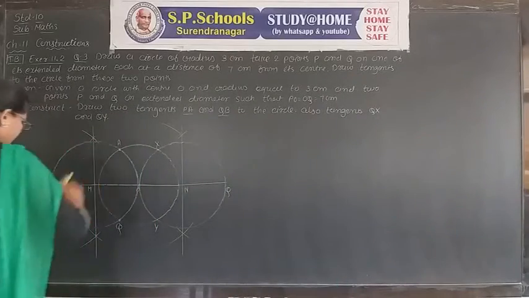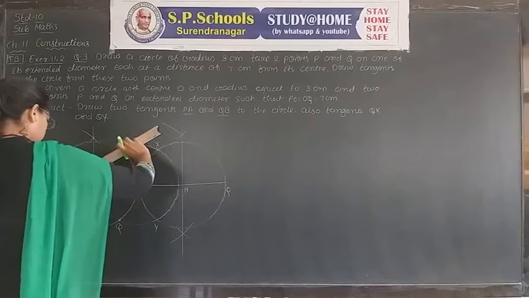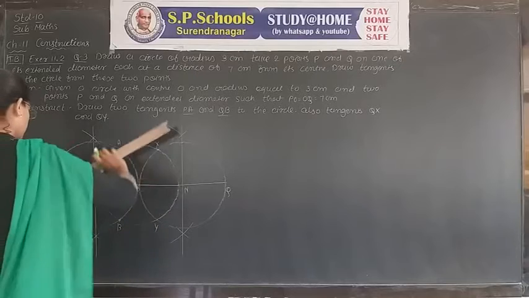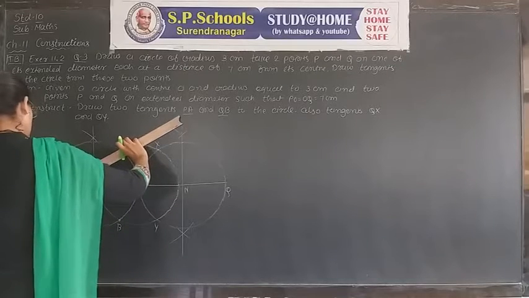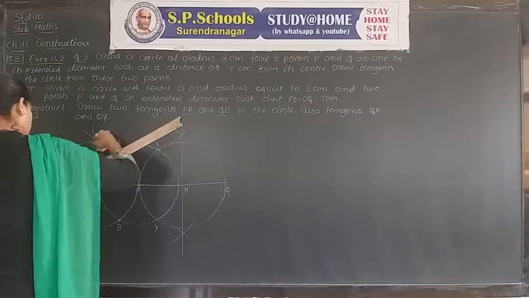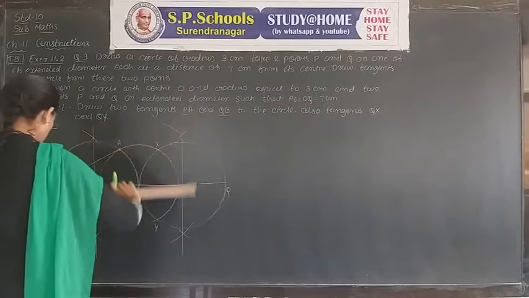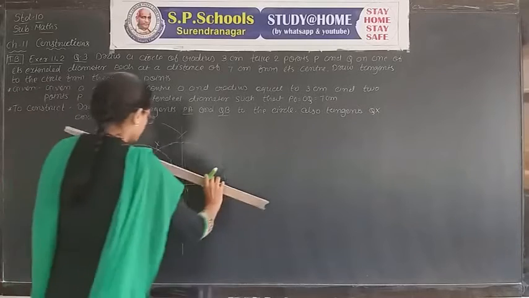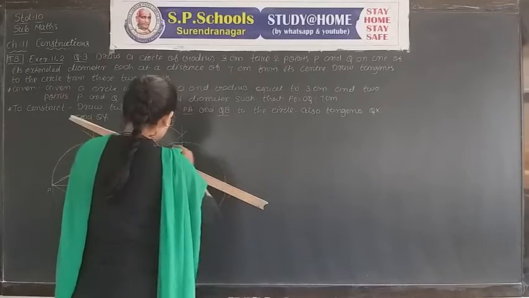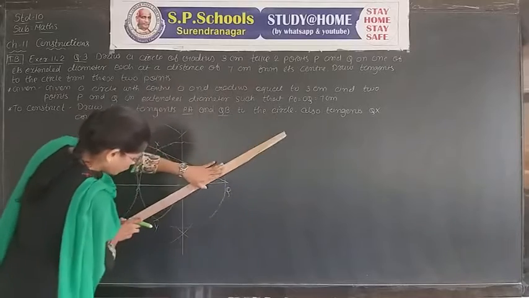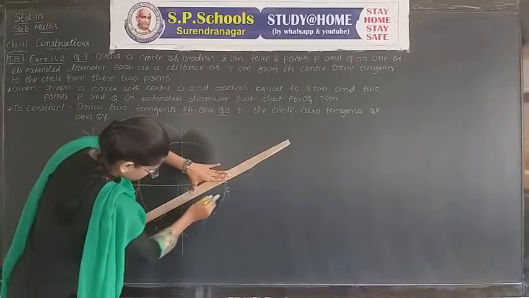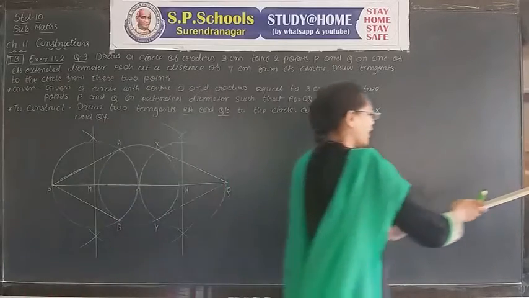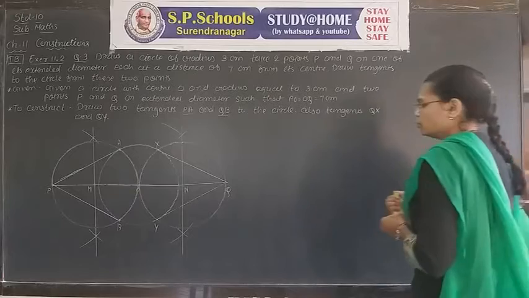Now we join PA, PB, then QX, QY. Here PA, PB, QX, QY are our required tangents to the circle.